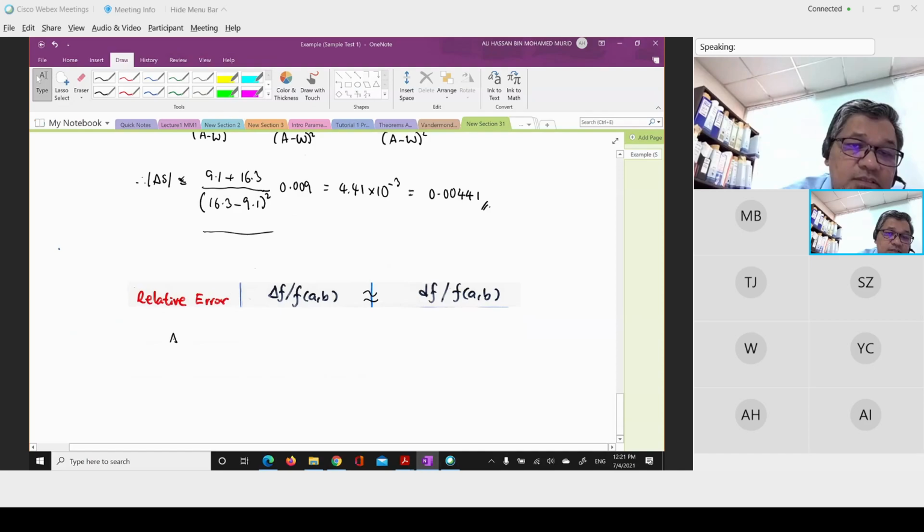S is A divided by A minus W. If you substitute, you get 16.3 divided by 16.3 minus 9.1.